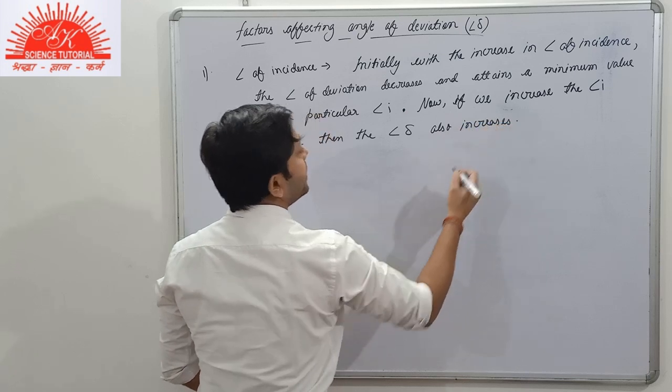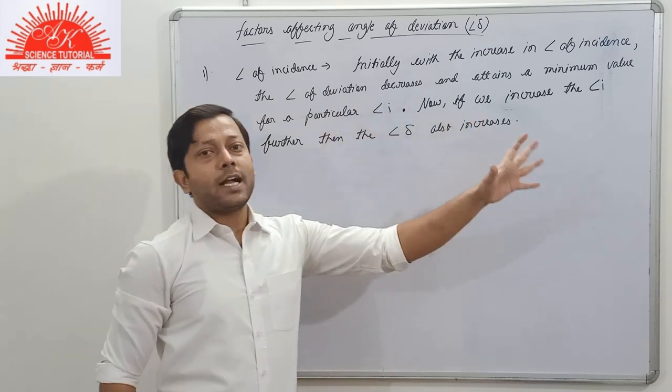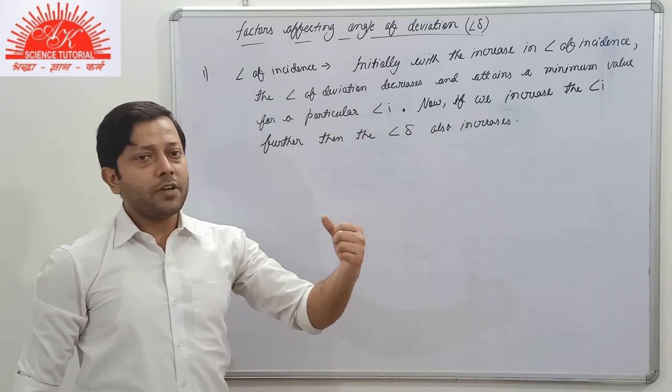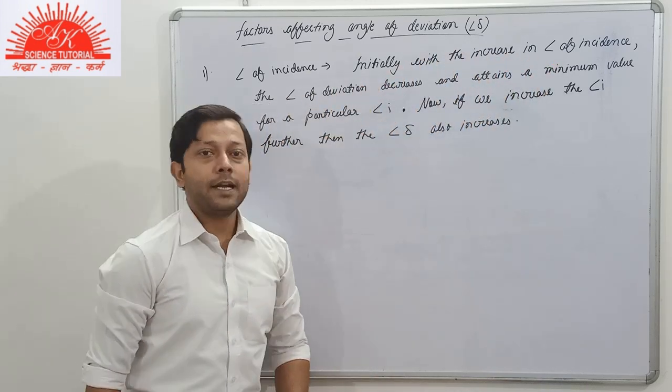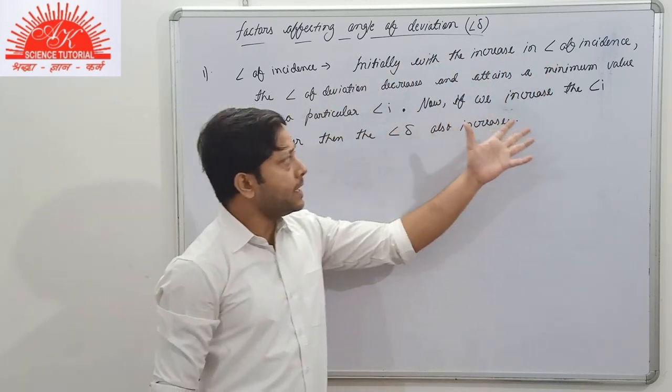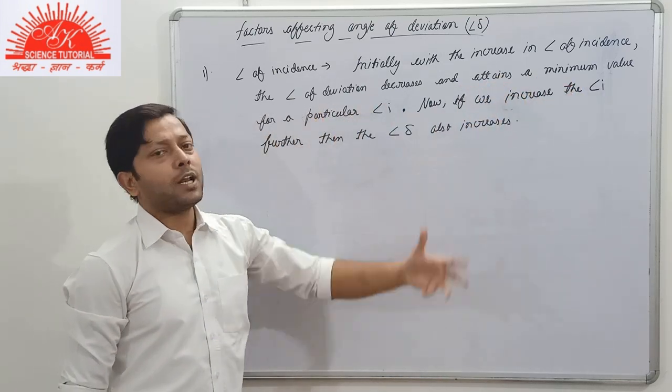Now this is our basic condition. Let us understand what it is. Initially, when we increase the angle of incidence, the angle of deviation decreases and it achieves a minimum value for a particular angle of incidence.